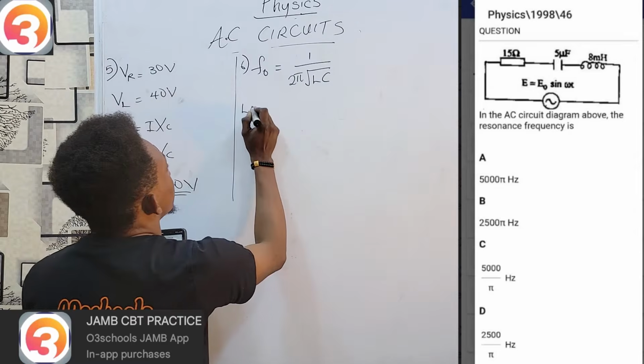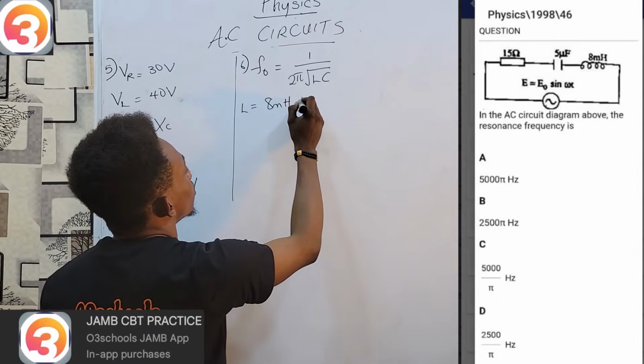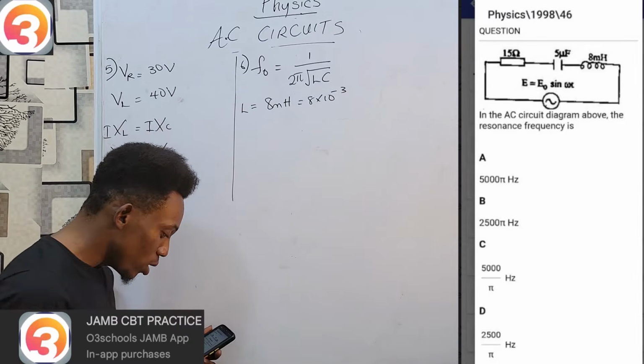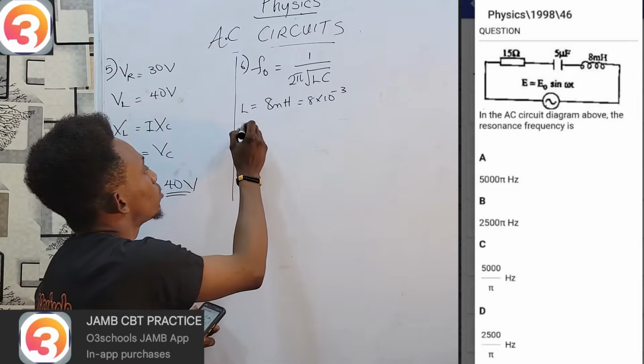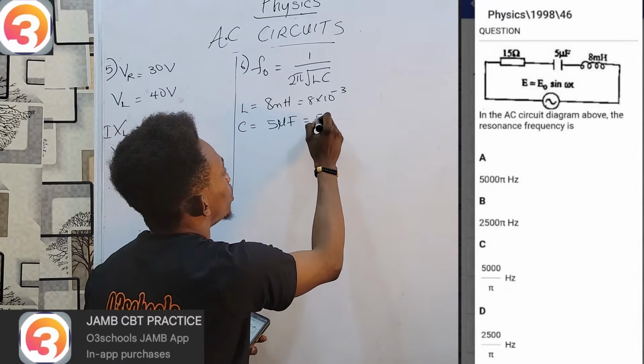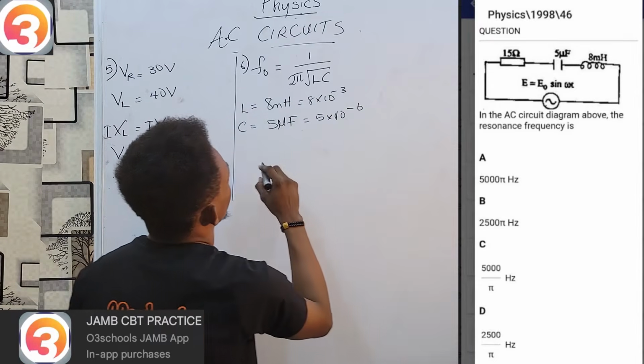Your inductance is given to you in the question as 8 millihenries, which is 8 times 10 to the power minus 3, while your capacitance is given to you as 5 microfarad, which is 5 times 10 to the power minus 6.